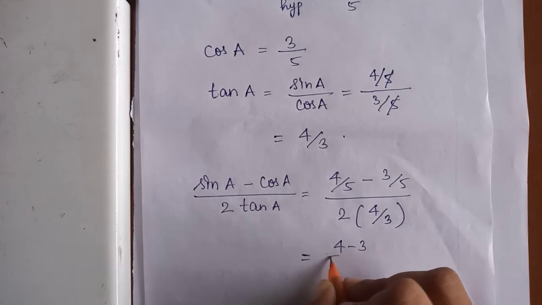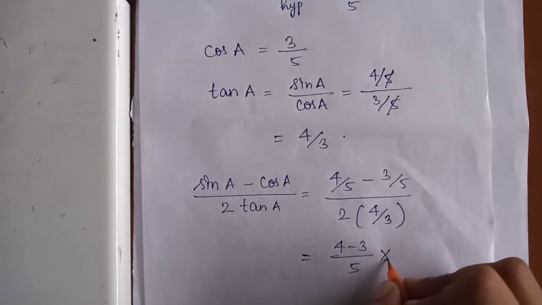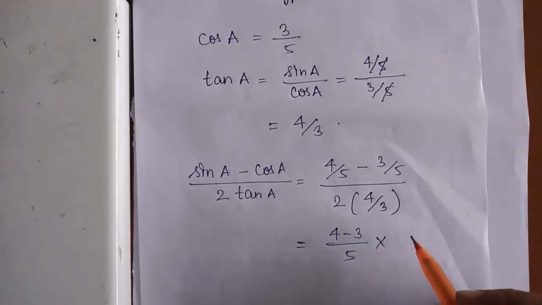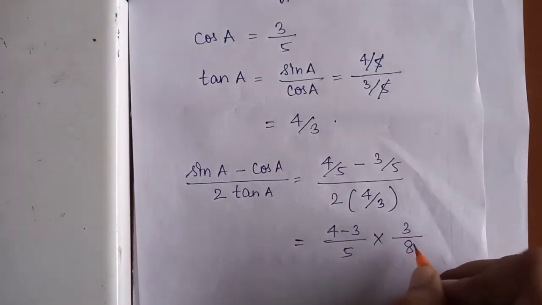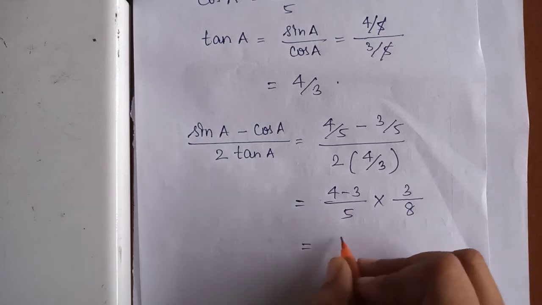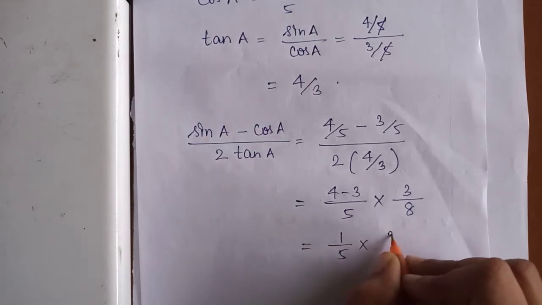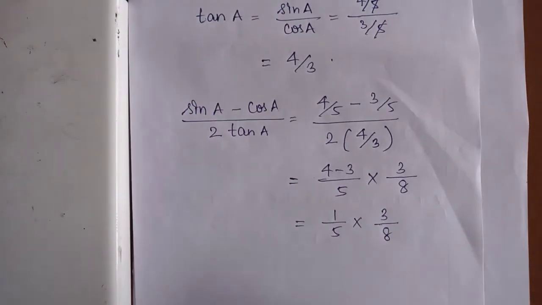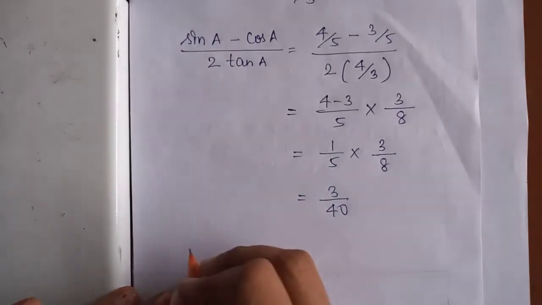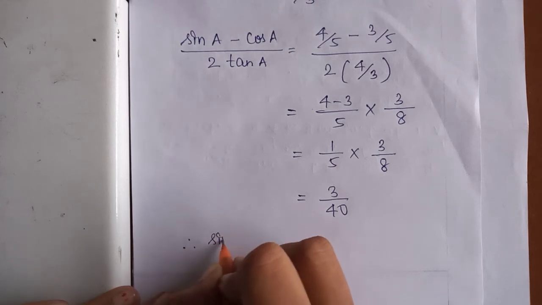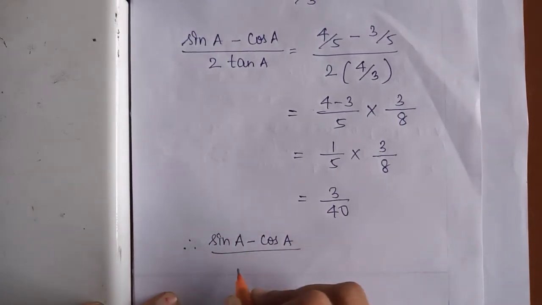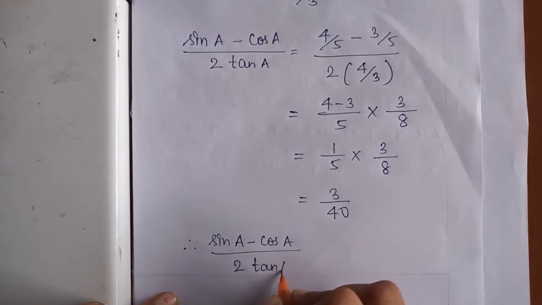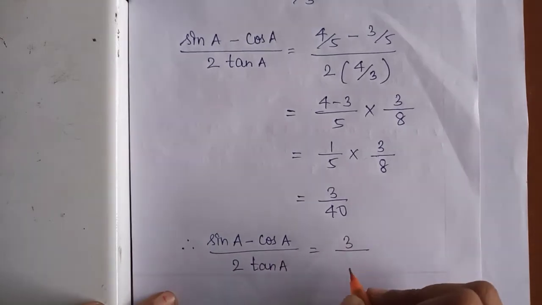So 4 minus 3 by 5 into, we are taking the reciprocal, so 3 divided by 4 twos are 8, which is equal to 1 by 5 into 3 by 8, which is equal to 3 by 40. Therefore, the value of sin A minus cos A divided by 2 tan A is equal to 3 by 40.